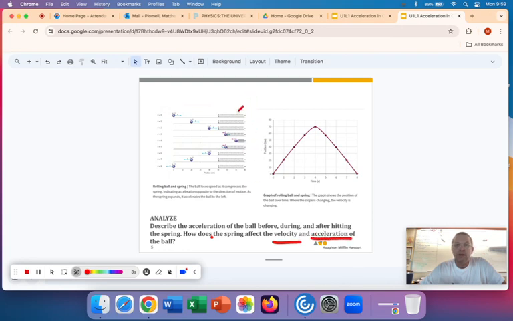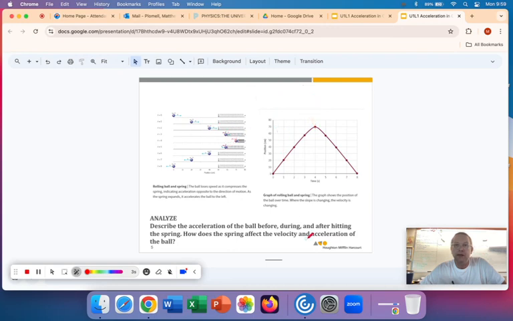The velocity, recall, is the change along the x-axis in this example, since it's horizontal motion, over time. How is that changing?